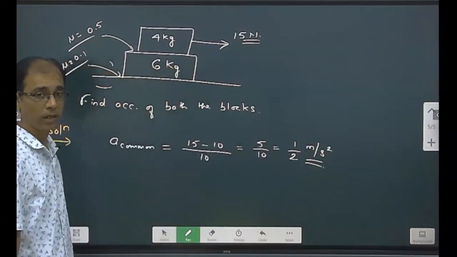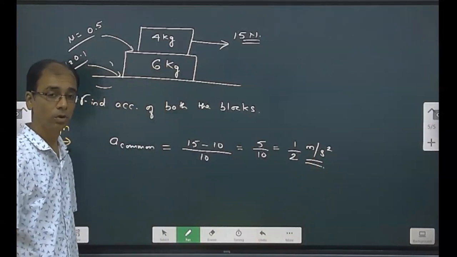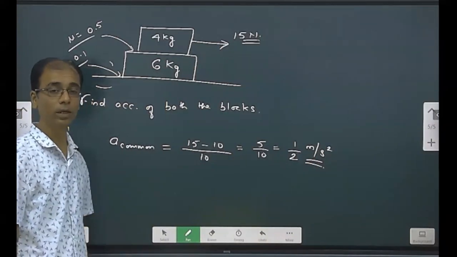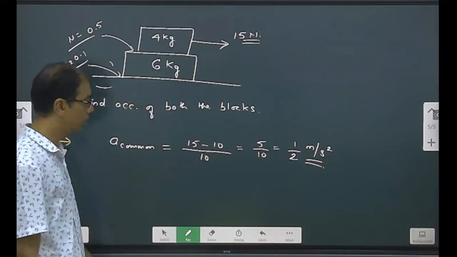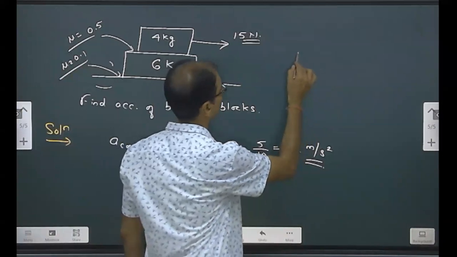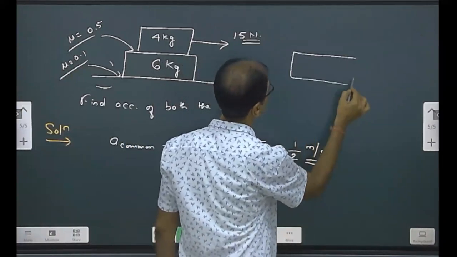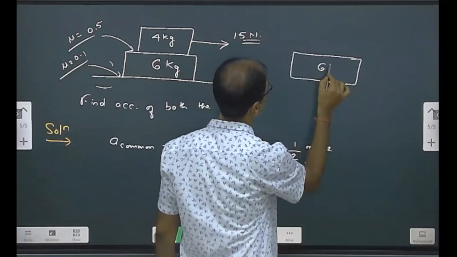Now let us check whether it's possible or not possible. So on which block we are going to check? On which we have not applied force, that is the 6 kg block. Come on, check it. Check, students, check whether it's possible or not possible.